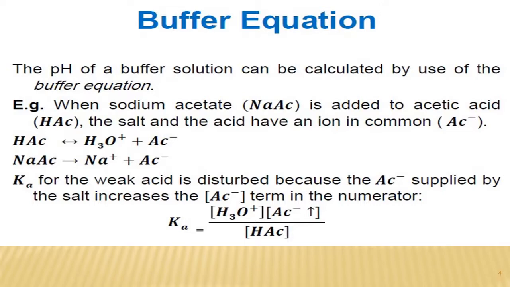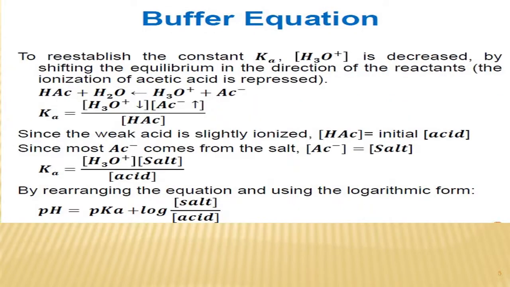So Ka equal to H multiplied by AC over the acid. And to re-establish the constant Ka, what we call the dissociation constant for the acid, is decreased by the shifting of equilibrium in the direction of the reactant.